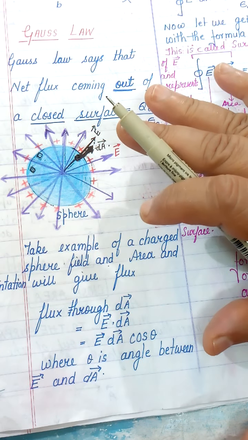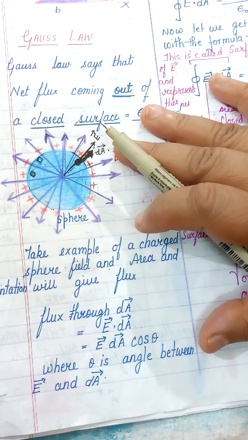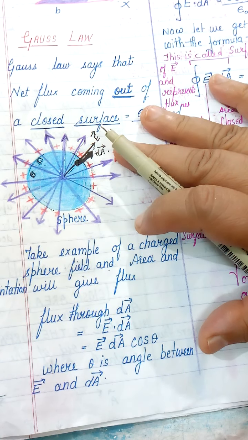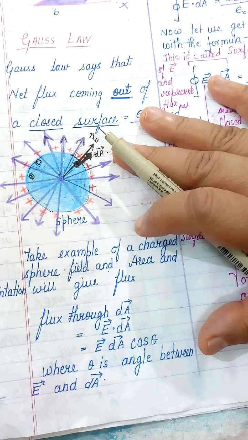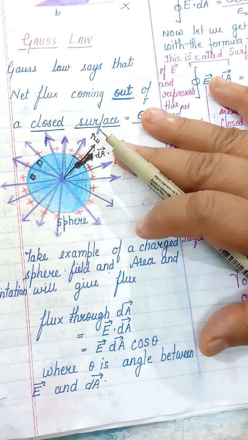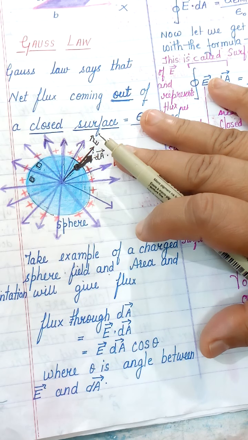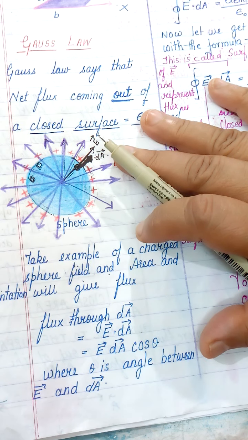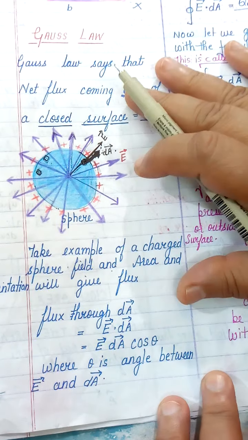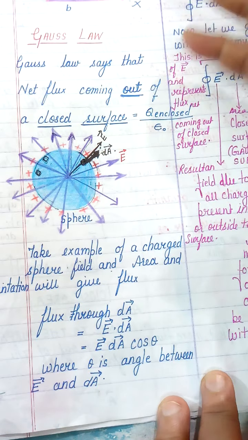So Gauss law makes the solution easy, but we are forced to use this law in symmetrical situations only, because there we can find the electric field vector, area vector, and the relation between them easily. That is why we have to understand Gauss law along with the conditions associated with it.